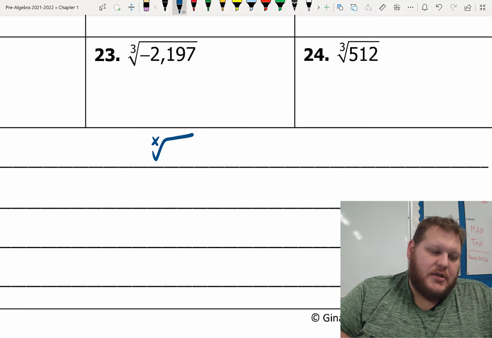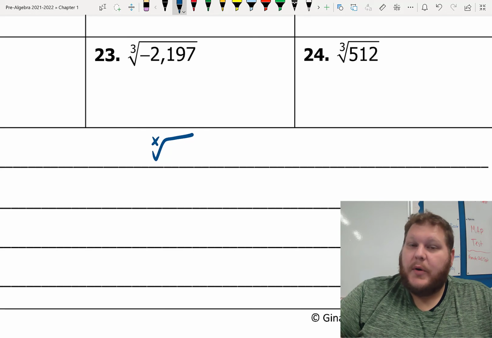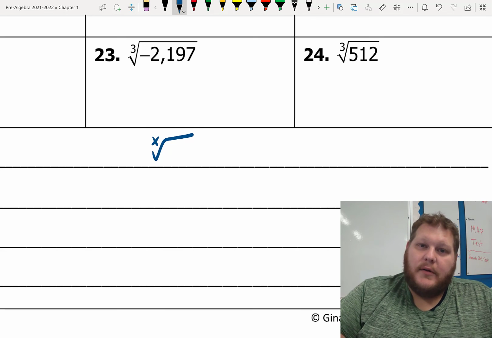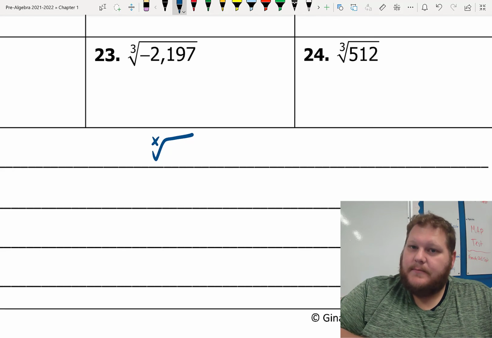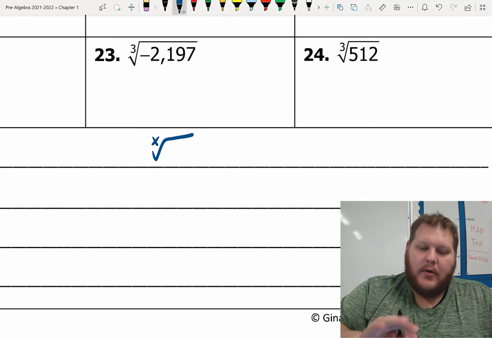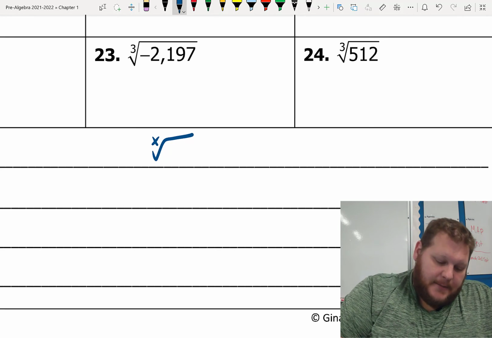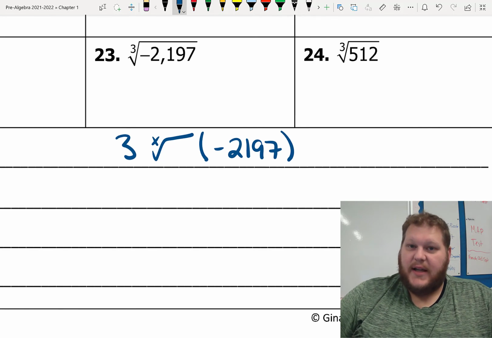The one attached to your x squared button that we used for square roots is just a power of 2. This button allows you to pick any root that you want. Since we want cube roots, we're looking for a third power. The way we type this in is: 3, cube root, negative 2197. That's what it's going to look like on our screen.